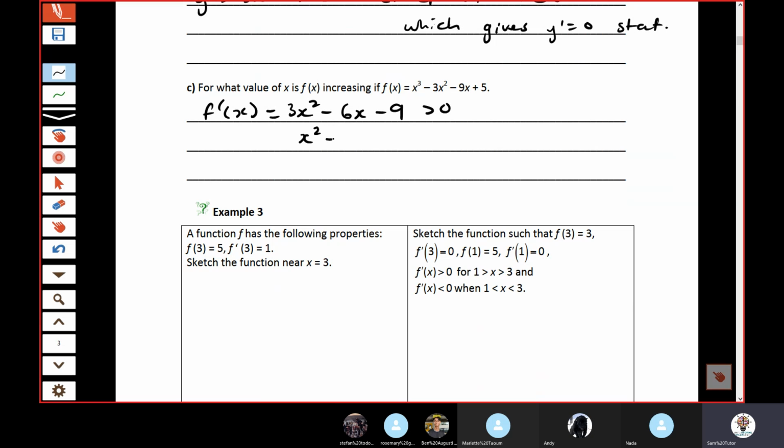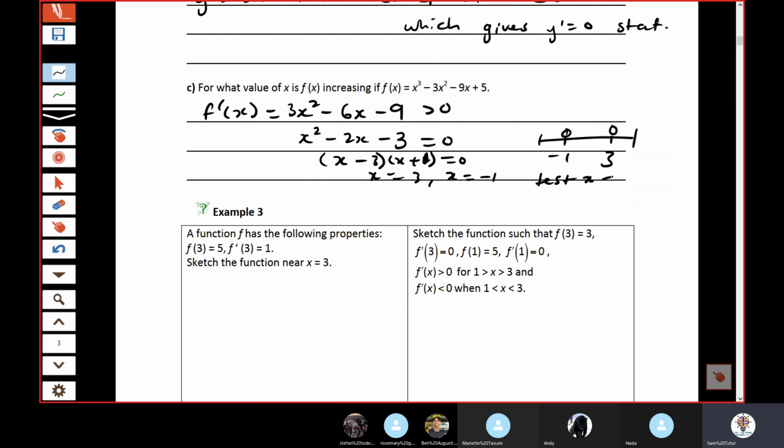It's up to you how you do these by now. I'm going to divide by 3 and factorise, usually, just my way, x minus 3 times x plus 1. So I get x equals 3 and x equals -1, and then I usually test. If you do it graphically, you don't need to test, obviously.